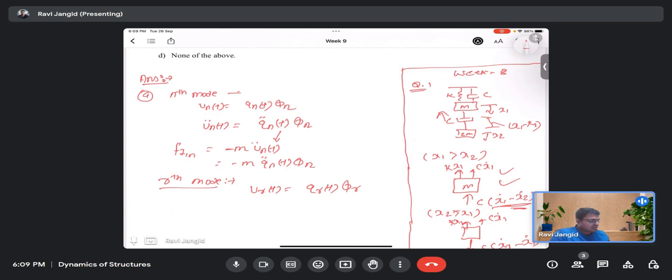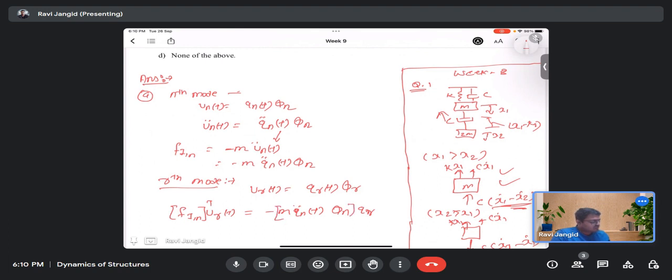For the work done from the nth mode to the rth mode, we simply multiply these. If we do this, we will find m q n double dot of t phi n q r of t phi r. There are some matrix terms, so we need to do this in matrix form.